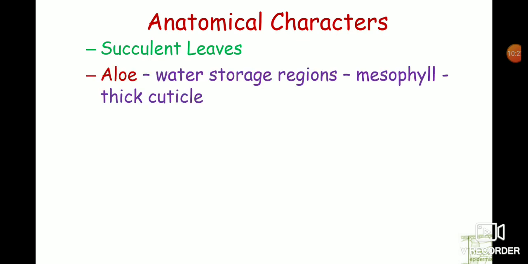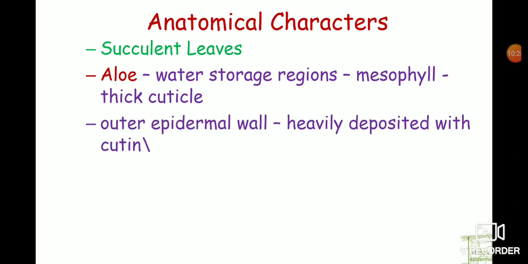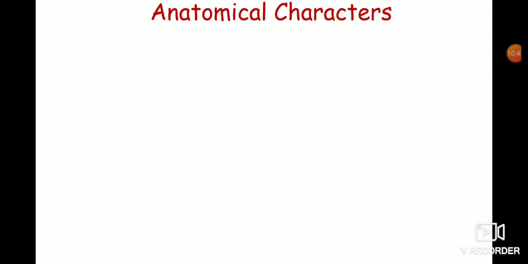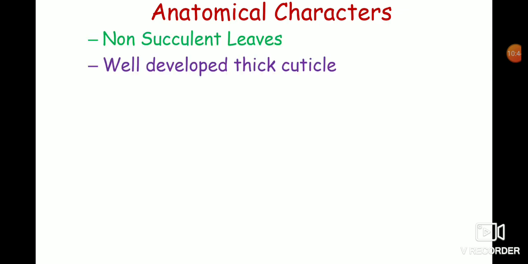Similarly, succulent leaves of aloe have a prominent water storage region in their mesophyll. Moreover, in such leaves, the cuticle is thick and the outer walls of the epidermal cells are heavily deposited with cutin and cellulose.